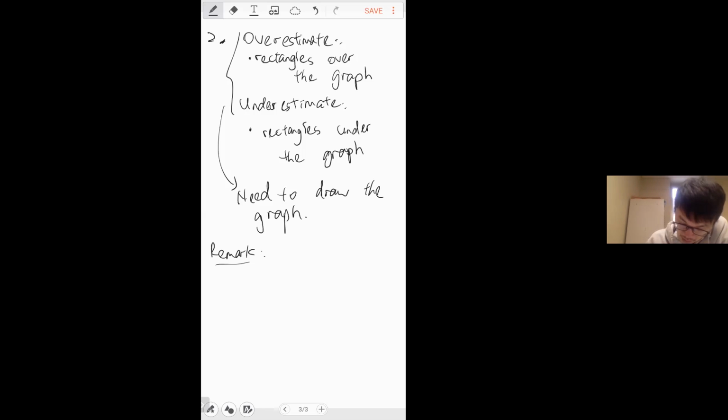Now, here are a few comments about left-hand sum, right-hand sum, overestimate and underestimate. In general, you might think that left-hand sum will be the same as underestimate and right-hand sum will be the same as overestimate, but in general, they are not the same.